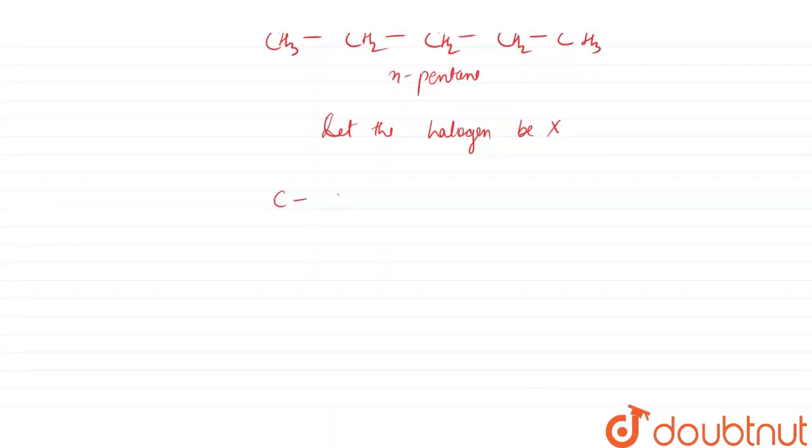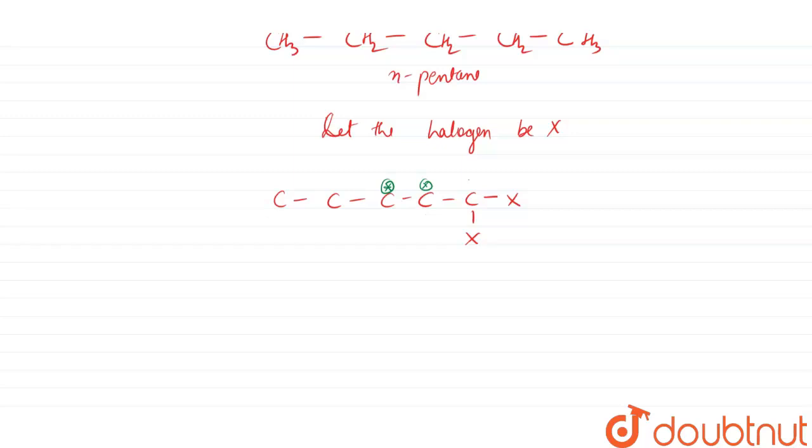So we have a 5-membered chain of pentane to which both the halogen atoms are attached to the same carbon. Suppose we attach both the halogen atoms to carbon number 1, then we will have one structure, and if we draw both the halogens here, it will be another structure, and if we draw them here, it will be a third structure.